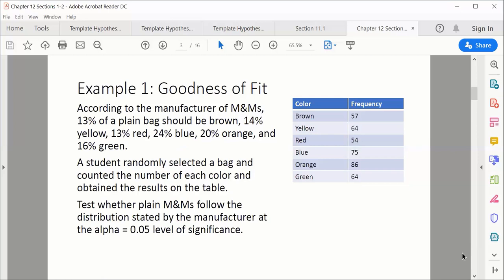So they wrote down how many brown, yellow, red, blue, orange, and green. We want to test whether these plain M&Ms actually follow the distribution stated by the manufacturer at the alpha equals 0.05 level of significance. So does it follow that 13%, 14%, 13%, et cetera model? That's what goodness of fit means. Does it follow some other model?